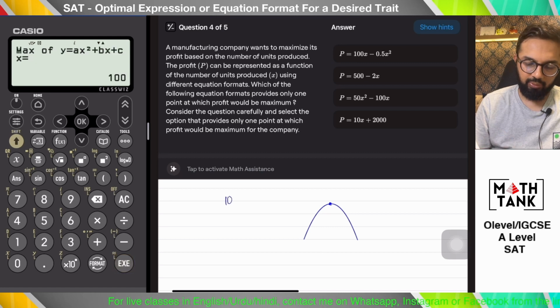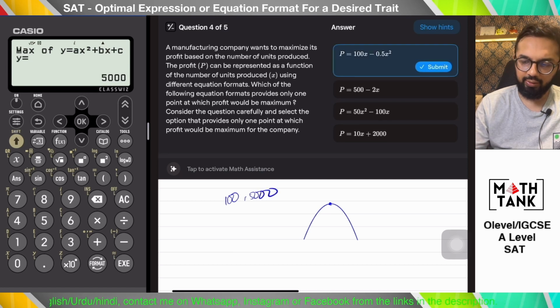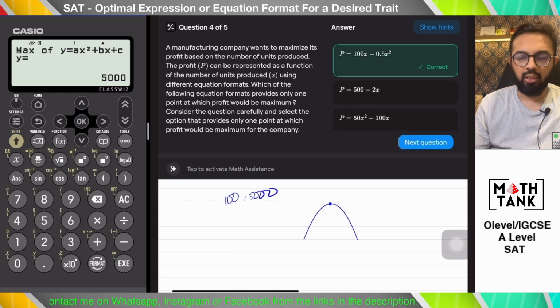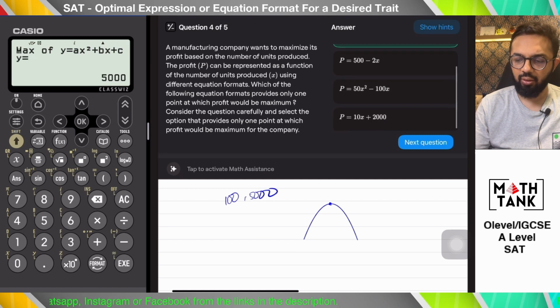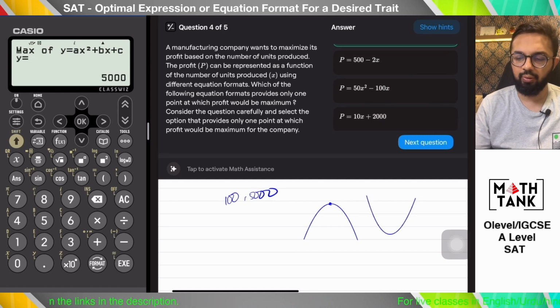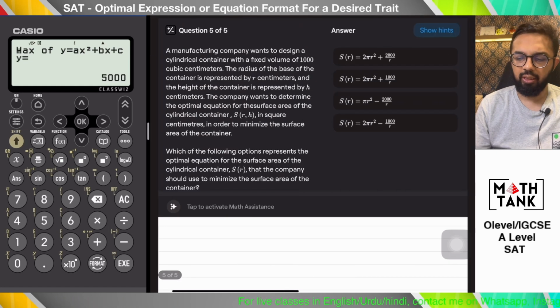So the turning point is coming out as 100 comma 5000. That looks like the right answer. Let's check. Yes. A linear function cannot give you a maximum point. A smiling face quadratic can also not give you. That's answer option C. So only A was the correct answer.